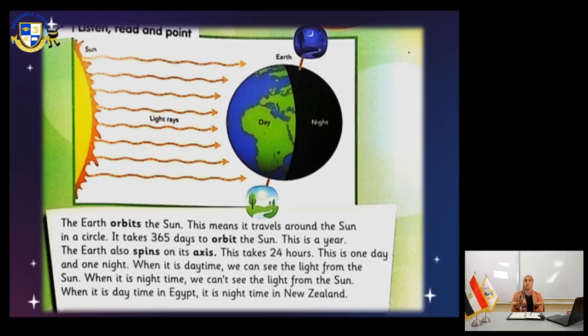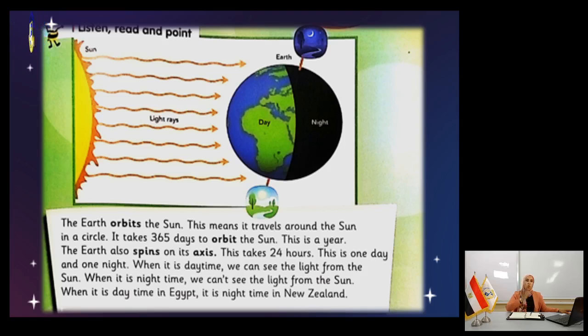What's the meaning of spins? Spins, it is moving around itself, its axis, which means it is still, but it is moving on its axis, in a circular way. It takes 24 hours.